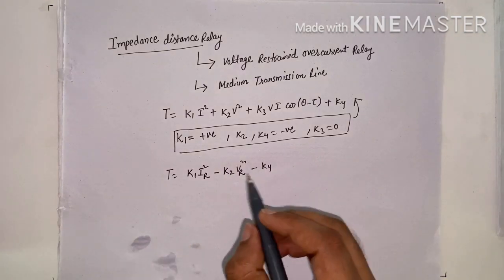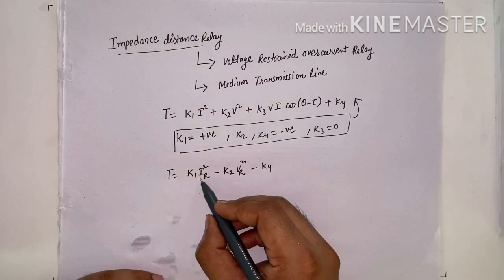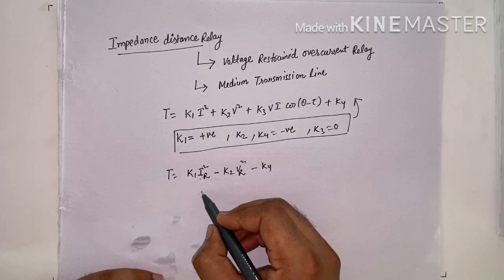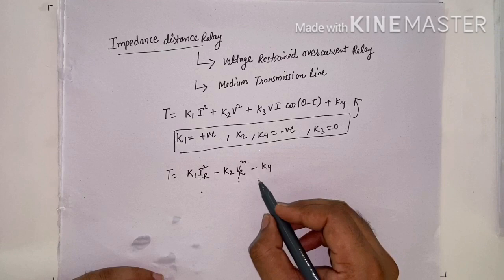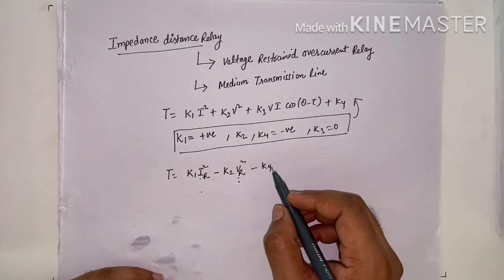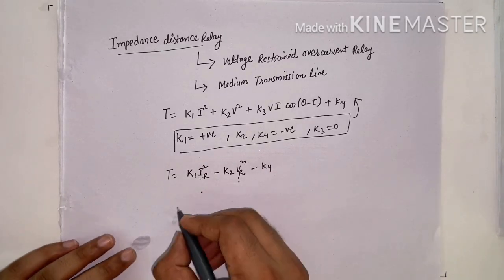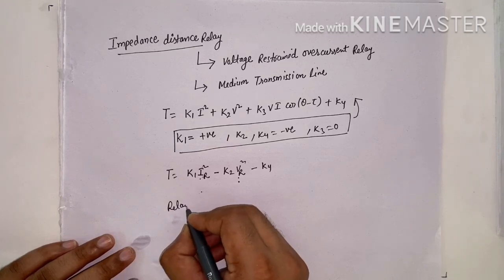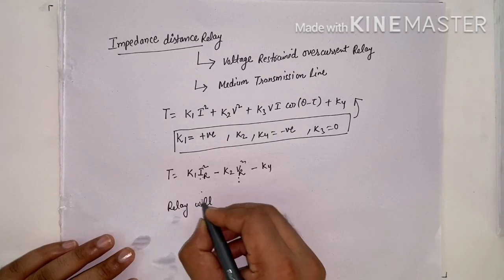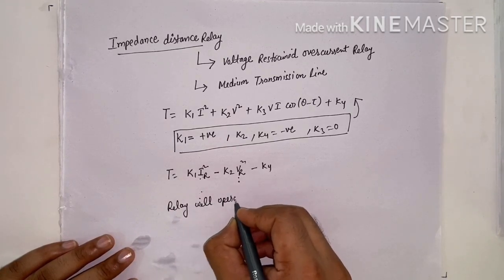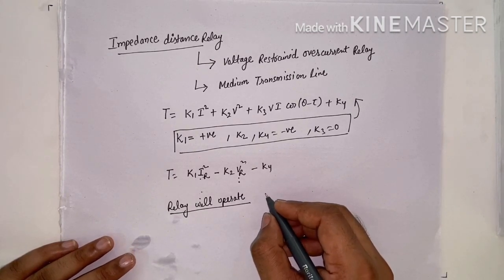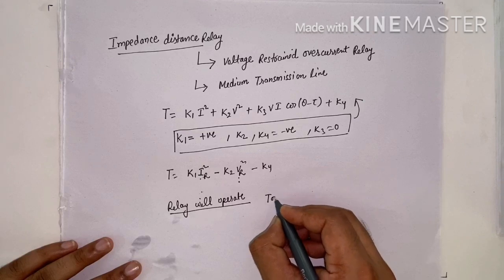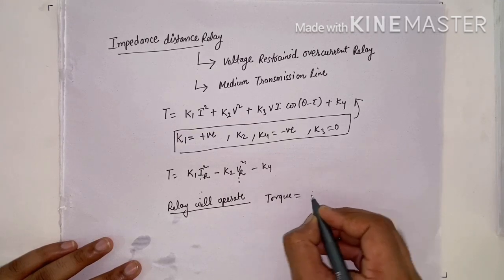So I_R is the current measured by the relay, V_R is the voltage measured by the relay, and k4 is the spring tension constant. Now we see when the relay will operate. For the relay to operate, the value of torque must be greater than 0, that is, the torque is positive.